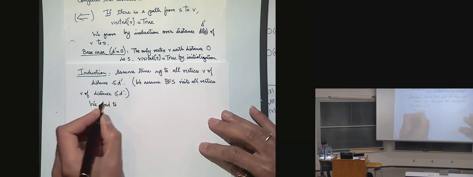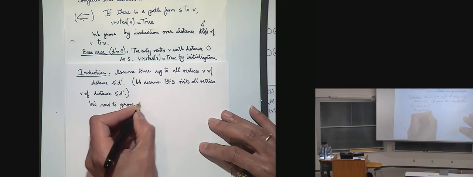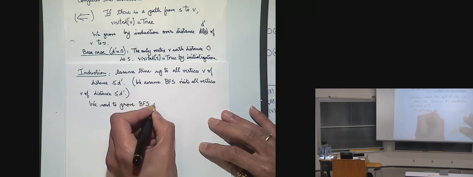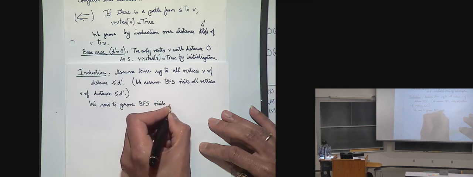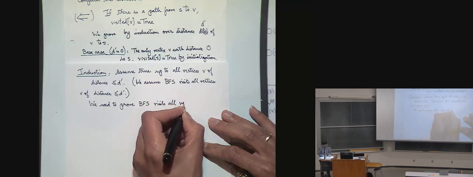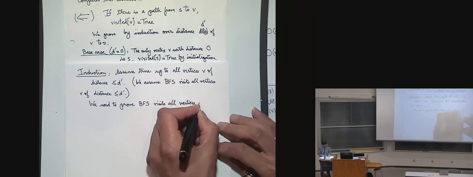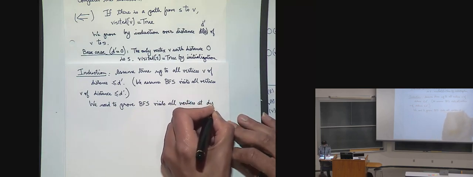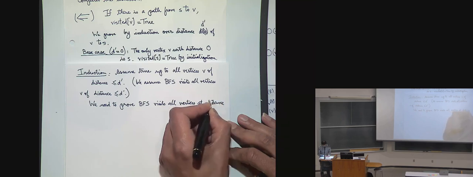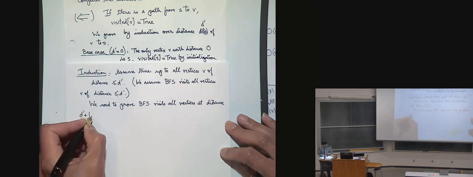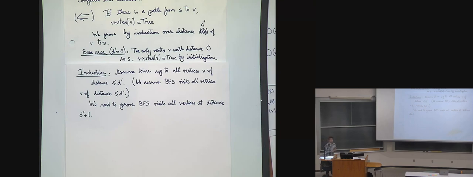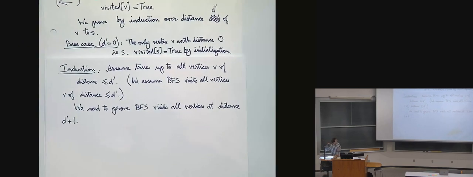We need to prove BFS visits all vertices at distance D prime plus 1. Clear? Right? So we need to prove that BFS visits all vertices at distance D prime plus 1. Okay?